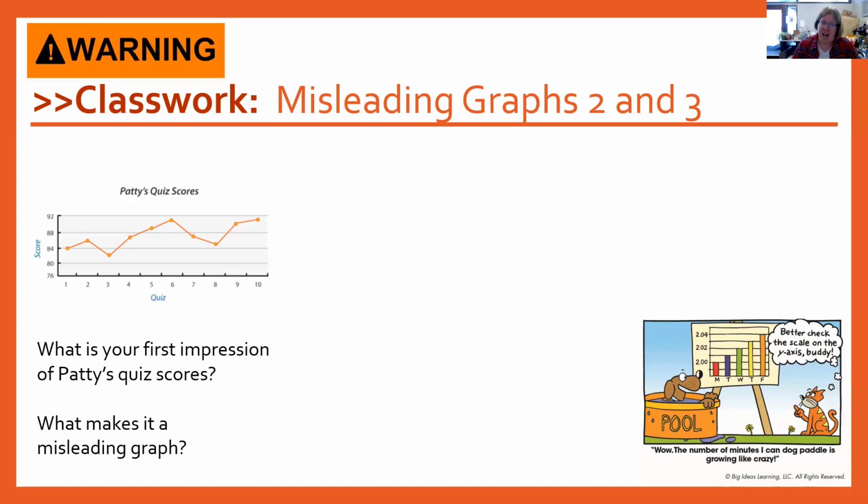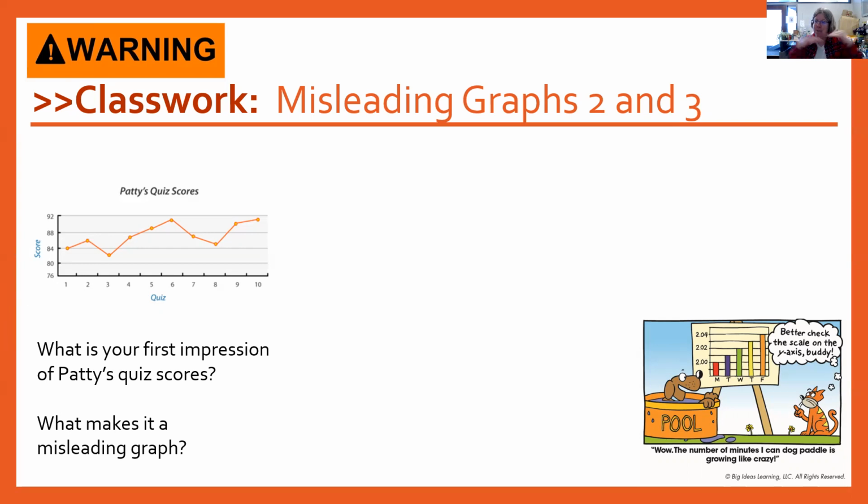But instead, if I look at this a whole lot more closely, what I see is that the very bottom of the graph starts at 76. So it doesn't start at 0, which I assumed it did. So the bottom of the graph would be like an F, the middle would be a C, the top would be an A. Instead, it starts at a 76%, which is like a C, C plus.